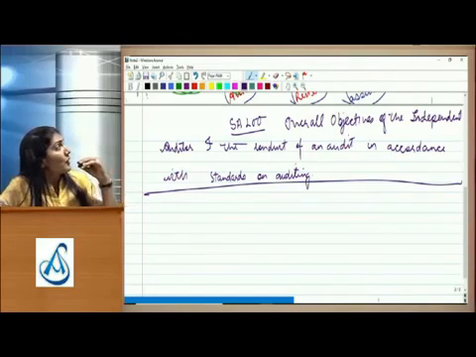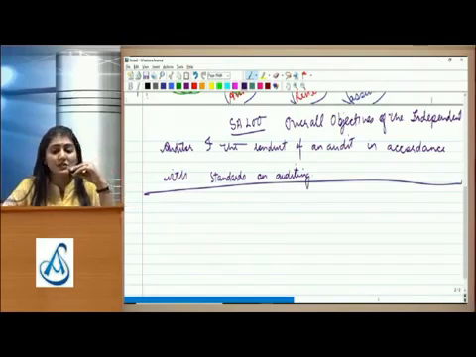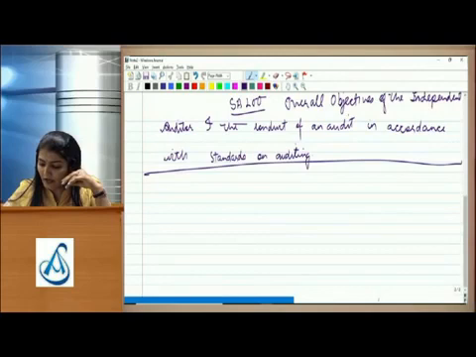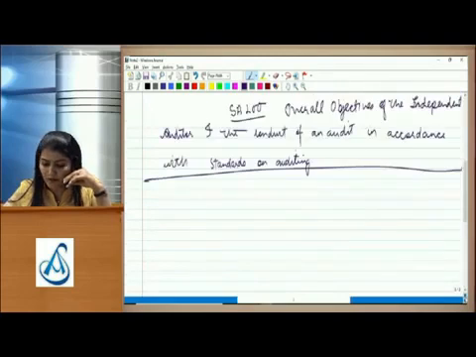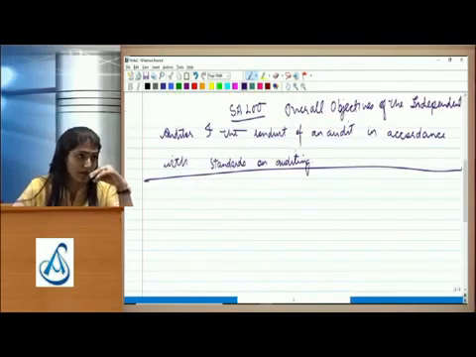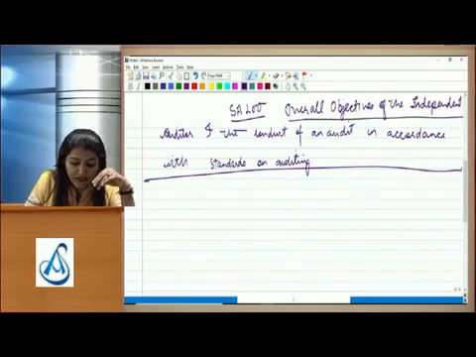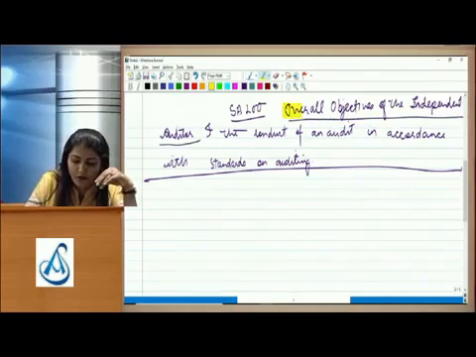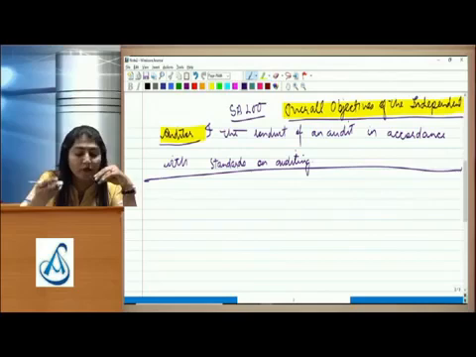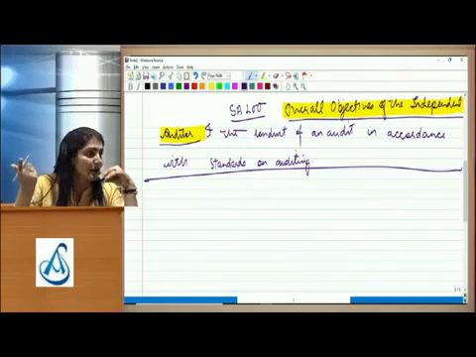Yes, overall objectives of the independent auditor. What is the objective of the auditor who is conducting the audit?